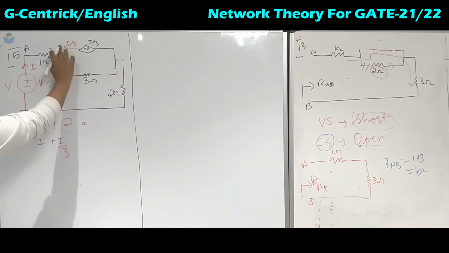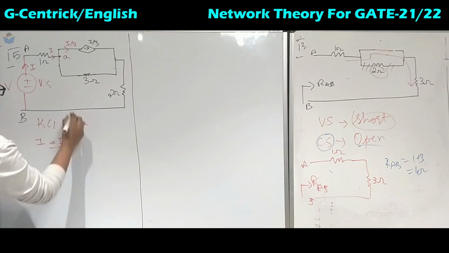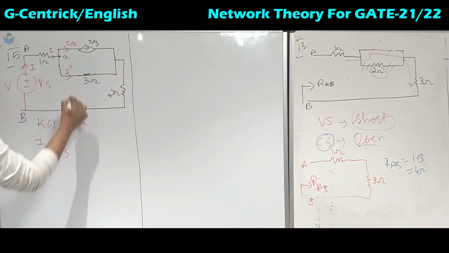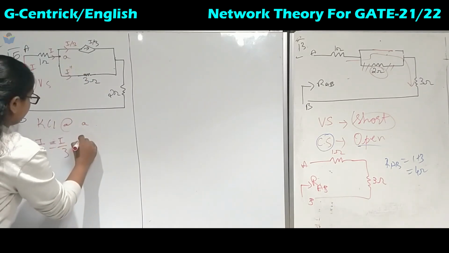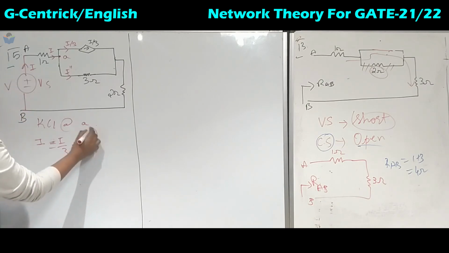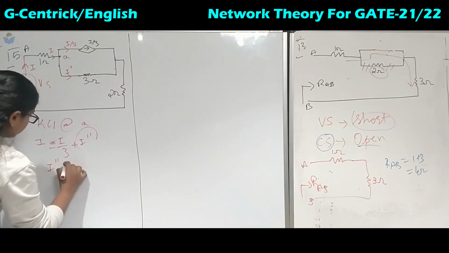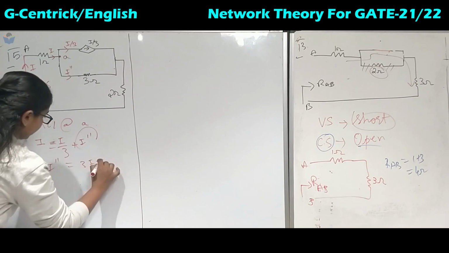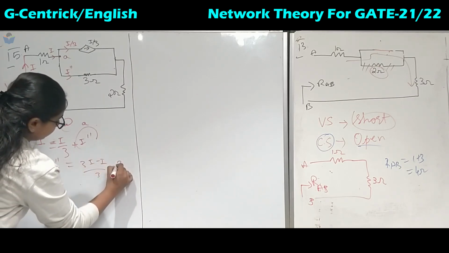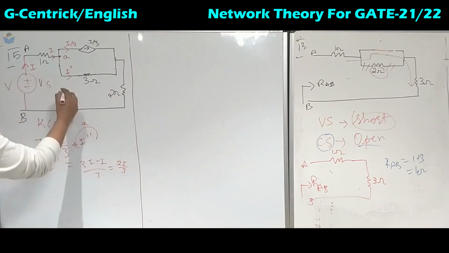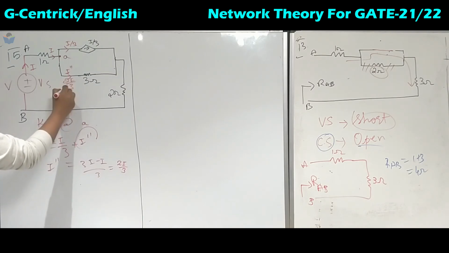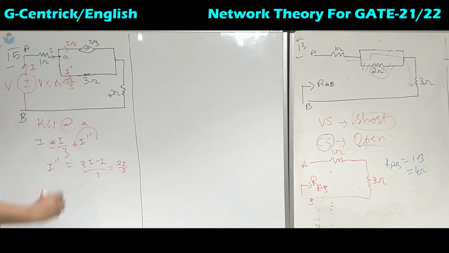Okay, this is entering and that is leaving. So I is equal to, we will put this as I double dash plus I by 3. So we need to find this current. I double dash is nothing but 3I minus I upon 3, that is nothing but 2I upon 3. So this much amount of current flows through this branch.